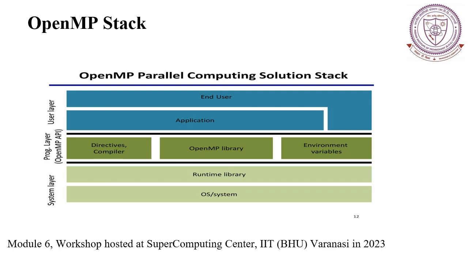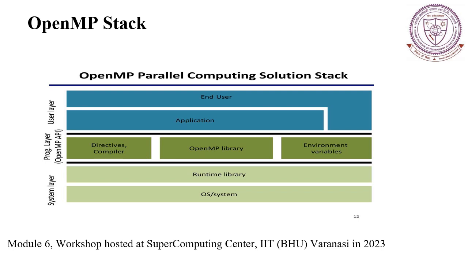The OpenMP runtime layer plays a crucial role in the software stack. It provides the necessary infrastructure and runtime support for executing parallelized code. The runtime layer manages the creation and synchronization of threads, dynamically schedules parallel work, and handles data sharing and synchronization between threads. It ensures that the parallel code executes correctly and efficiently.